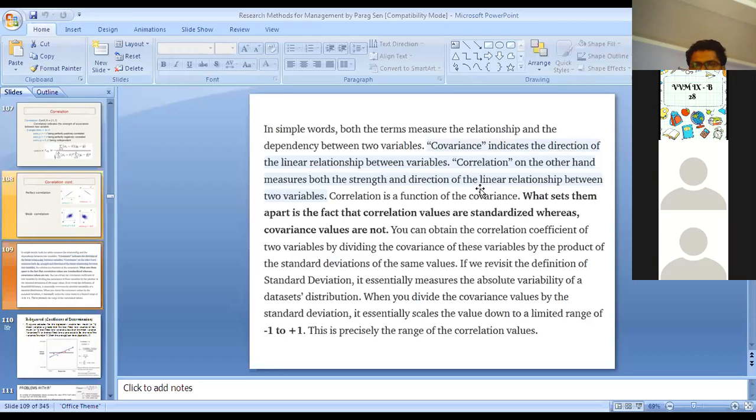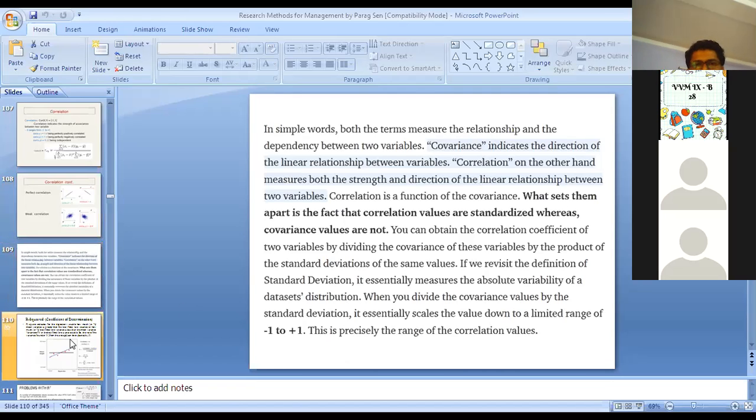And also the relationship is in the positive direction. That means an increase in x will also see an increase in y. So this is the fundamental thing of covariance and correlation.